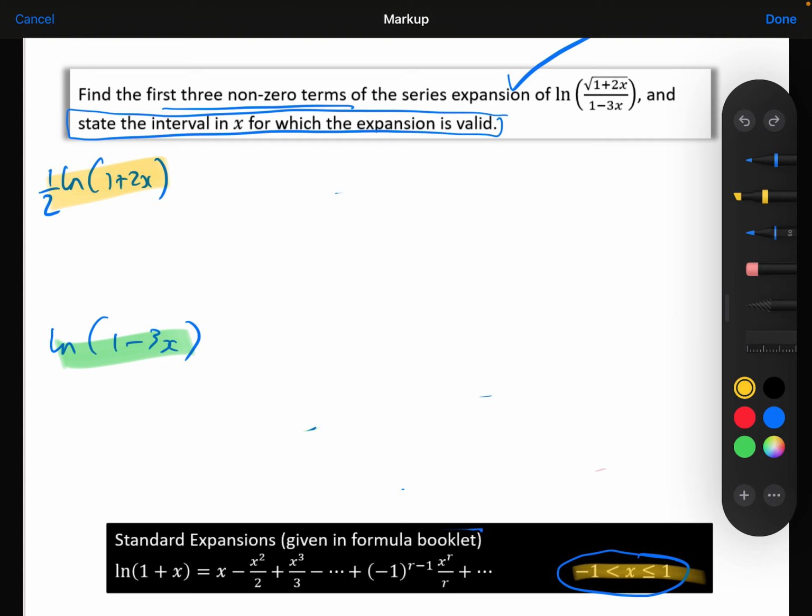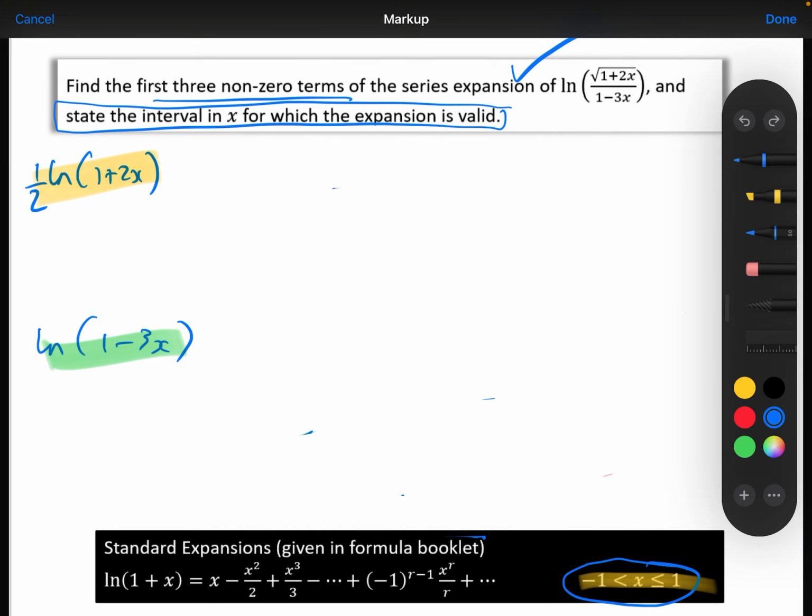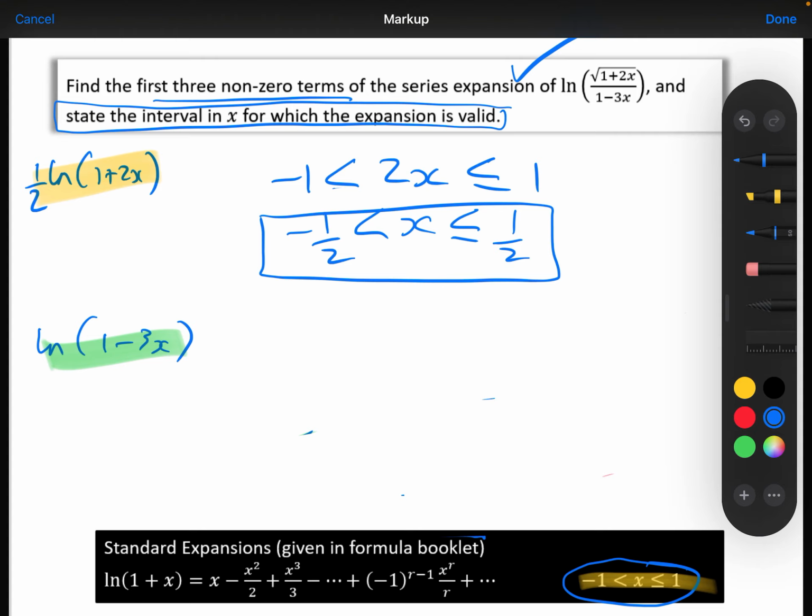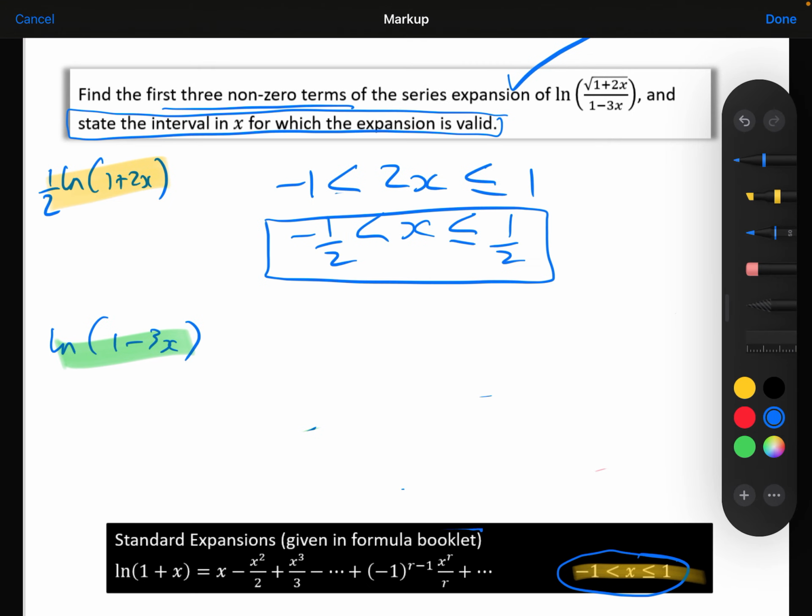Now, in the first expansion, we didn't use x, we used 2x. So the first expansion is only valid if 2x is greater than minus 1 and less than or equal to 1. Therefore, dividing through by 2, x would have to be between minus a half and 1/2. If x is between those values, then our first expansion was valid.